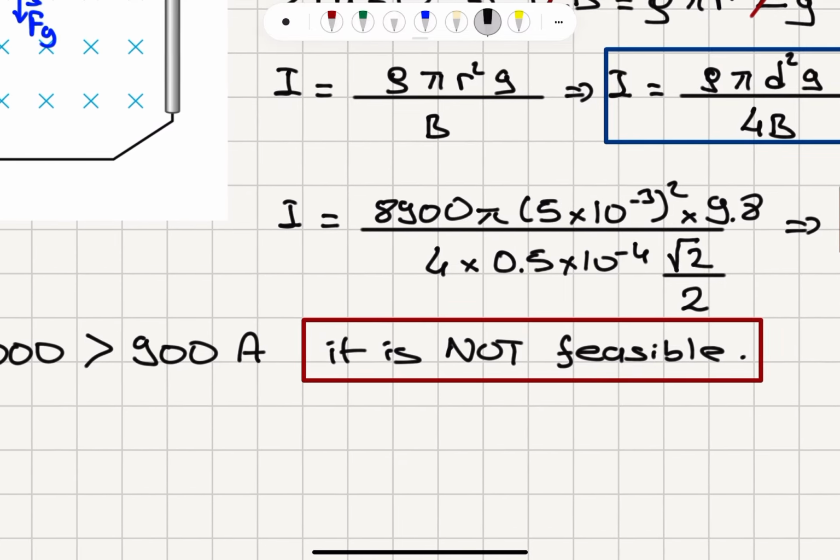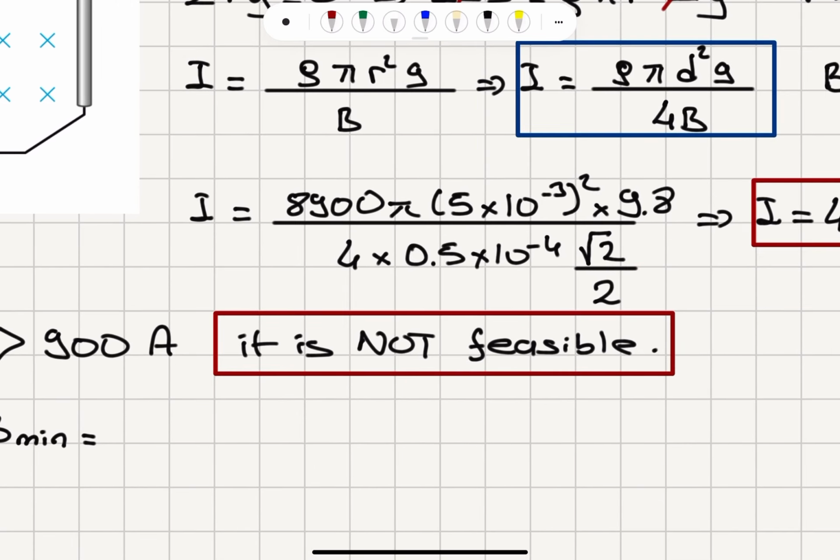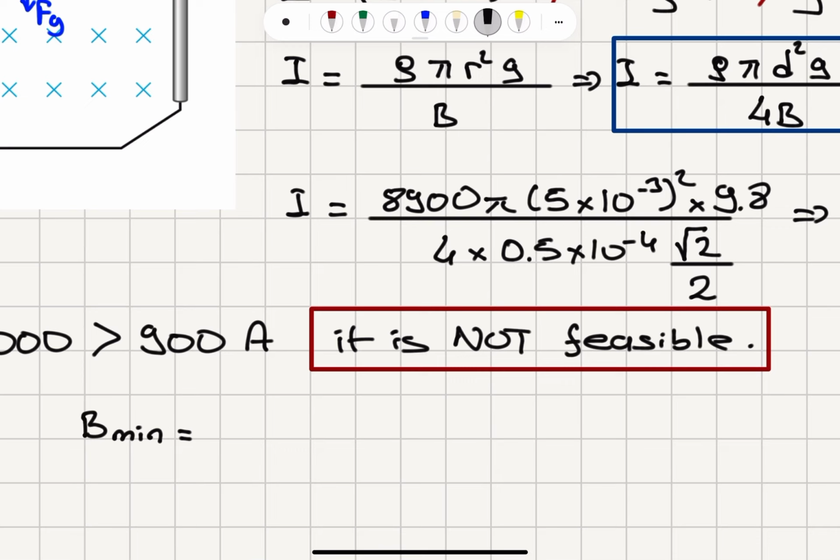The minimum magnetic field I would need, using this expression here, B is equal to rho pi d squared g over 4 I max. So the minimum magnetic field I would need would be rho pi d squared g divided by 4 times the maximum current I can have.